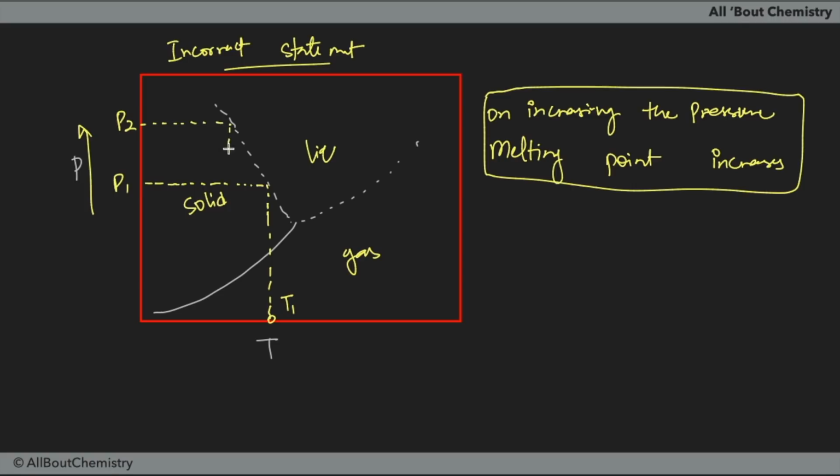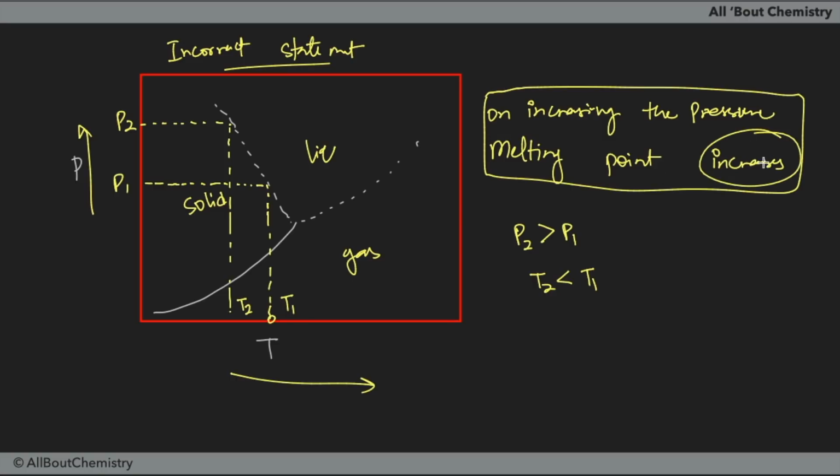Now here the temperature is actually going to drop, because you can see temperature was increasing in this direction. T2 became smaller than T1, right? Although P2 is greater than P1, your T2 is becoming smaller than T1, because that's how the curve is showing it. So that means on increasing the pressure, melting point should decrease, not increase.